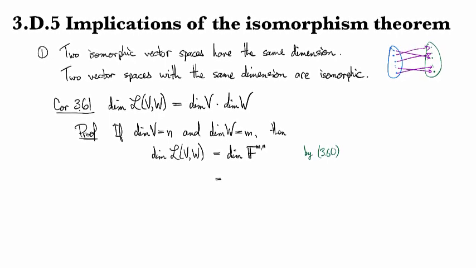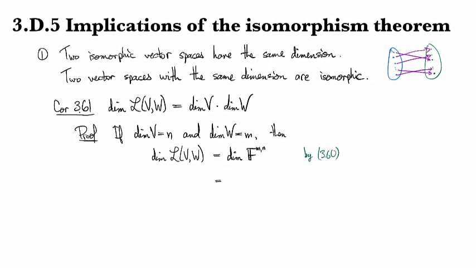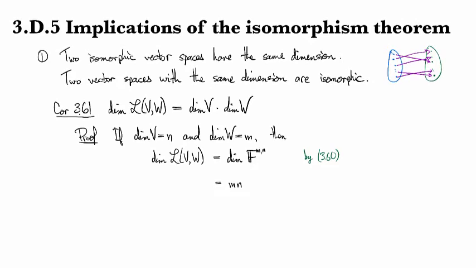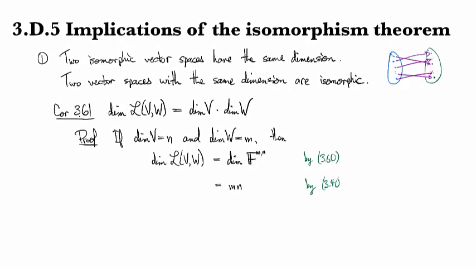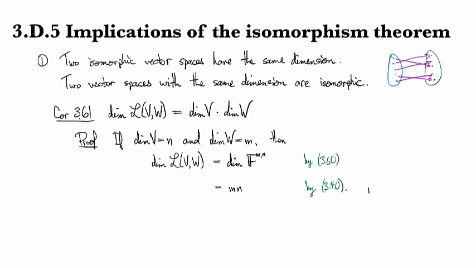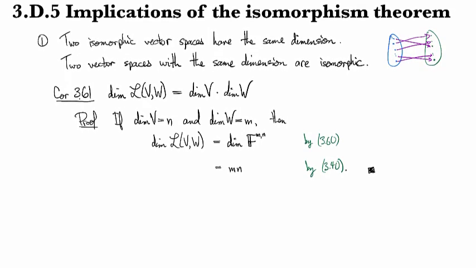And then the dimension of F^(m×n) is mn, and that one was by 340. And that'll do it. So that's one idea, short and sweet.